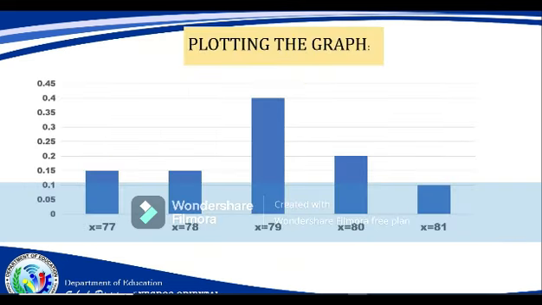Okay, let's continue. This is just plotting the graph. We cannot see the mean here. This is just simply plotting the graph. This is our random variable x, and then this is our equivalent probability distribution. Okay.